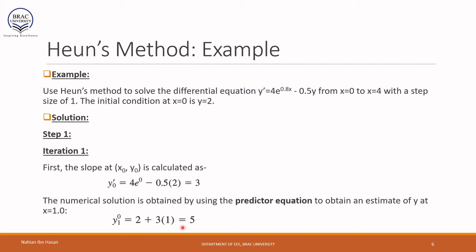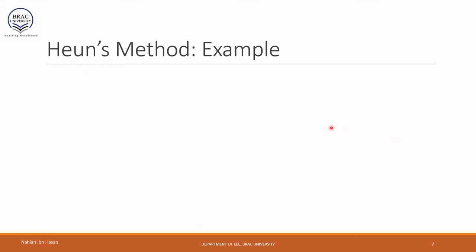Until now, this 5 was the result when we were using Euler's method, but right now we are using Heun's method, and that's why this 5 is not our final result. If this was Euler's method, this was the final result, but now we are going to use Heun's corrector equation. So this 5 is going to be replaced into the corrector equation.